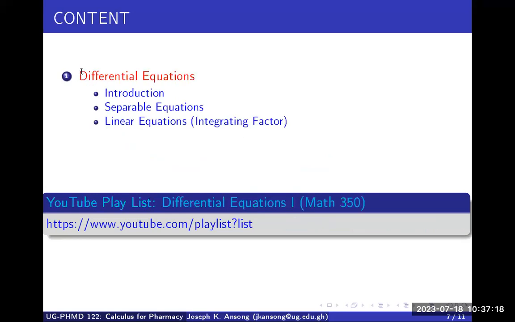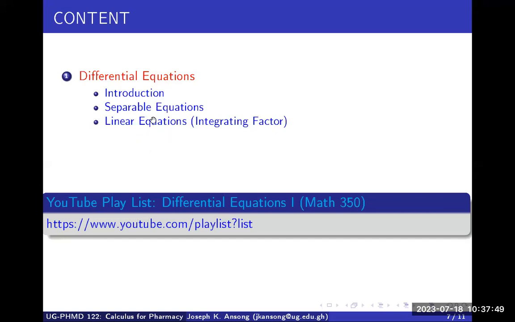And then we'll move on to differential equations. Really, this will be very important for the next topic on rates of change. So it's important to understand this, but we're only covering a few terms under differential equations. We'll just look at separable equations and then linear equations, where you would need to use what is called an integrating factor to be able to find the solution to linear differential equations, first order linear differential equations.